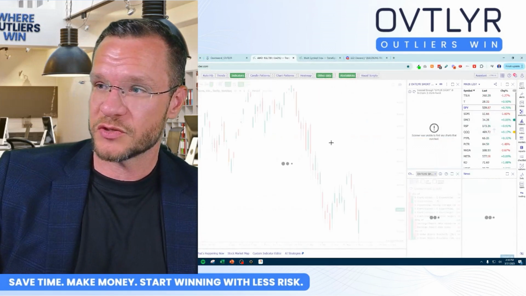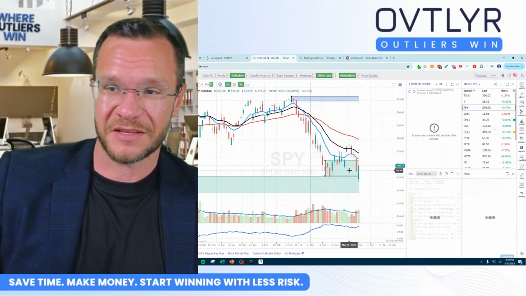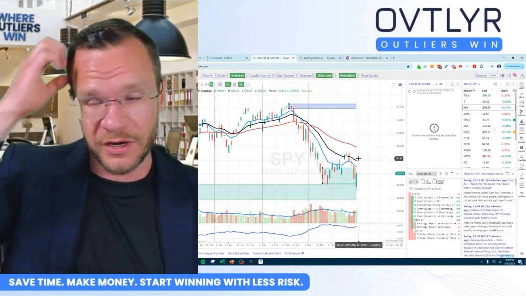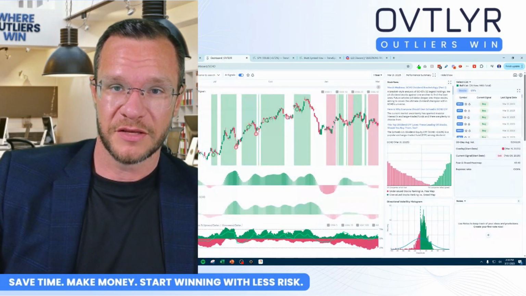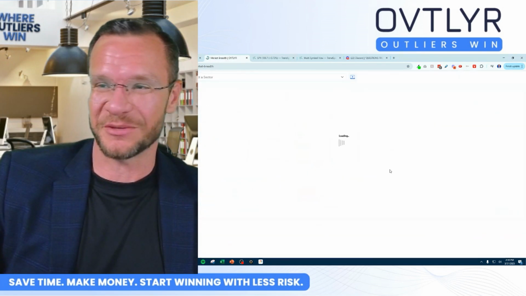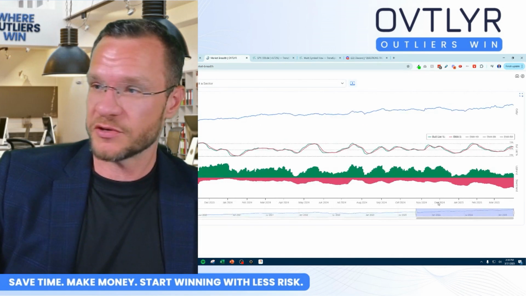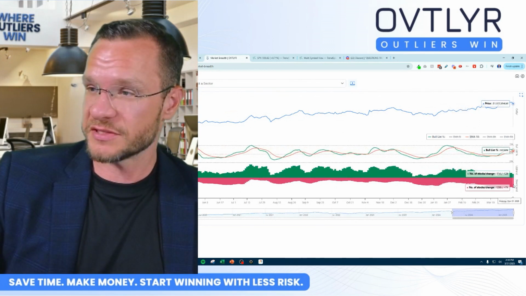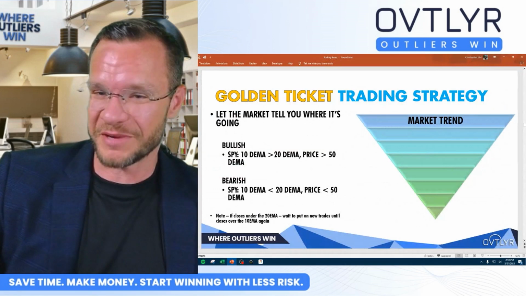Right now, the trend is down, even on a big, beautiful reversal candle like this today. The trend is still down. We don't know when that's going to end, but I'm going to be looking for it on the 10 over the 20, price over the 50. Market breadth we talked about earlier, still bearish. Nothing's changed in the last little bit. And I'm going to wait for the breadth and the trend and the buy signal or the SPY buy or sell signal to all be in confluence. And once they are, that's when I'm going to be looking to start making some trades.